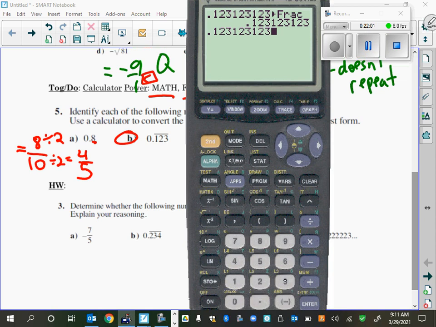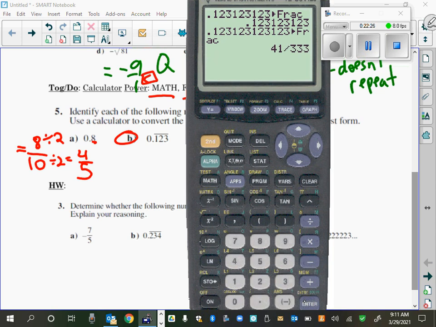You have to tell your calculator that it's repeating. Right now your calculator's saying that's a decimal, it ends. What do you have to keep doing? You have to keep going 1, 2, 3 until close to the end of the screen. Usually it's just close to the end. So you have to do one more 3, math, fraction, enter.